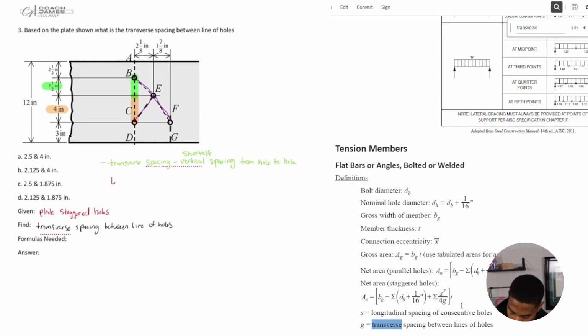So G is in the Y direction, and that's the shortest vertical spacing from hole to hole.